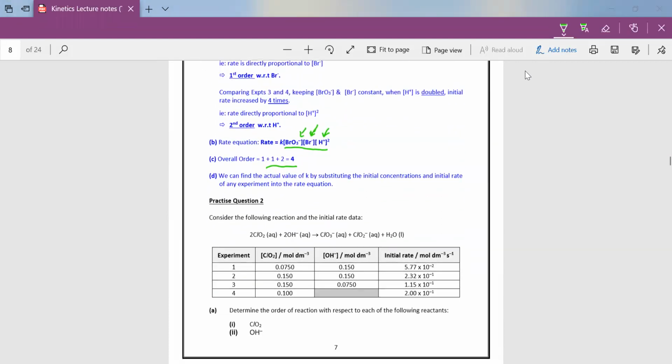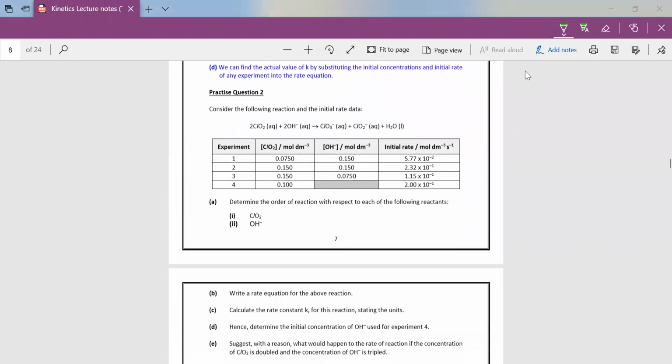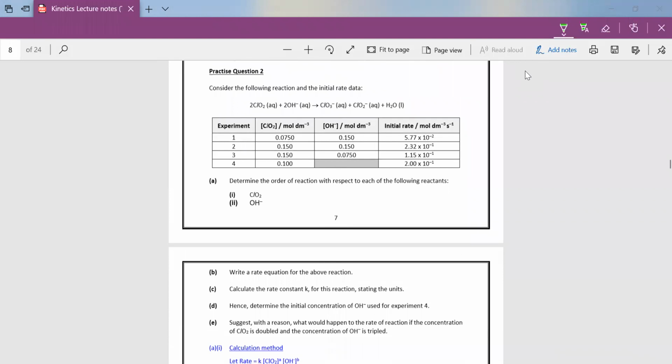Okay, so let's look at another practice question. They will ask you to write the rate equation, and we're going to demonstrate here a calculation method, which is different from your inspection method.